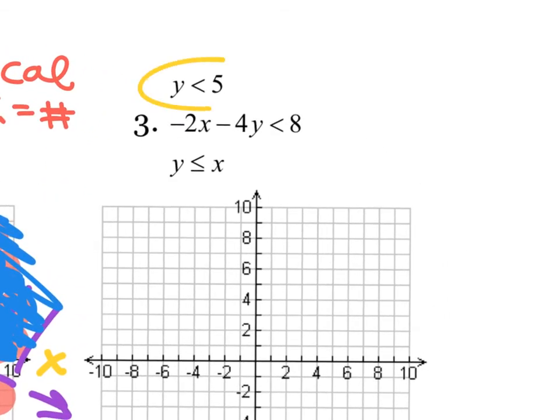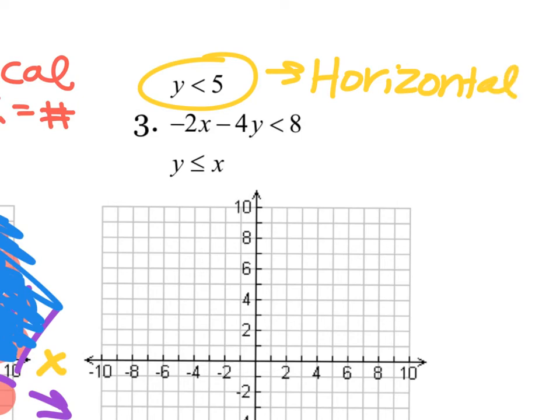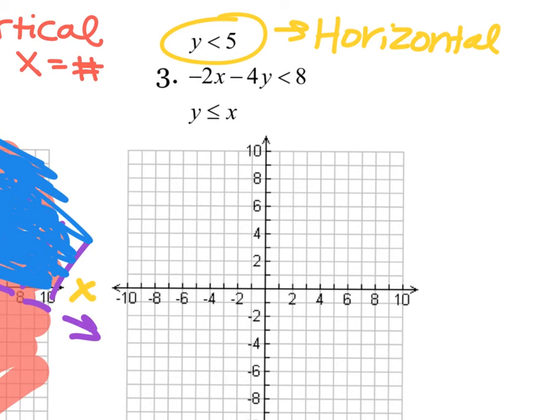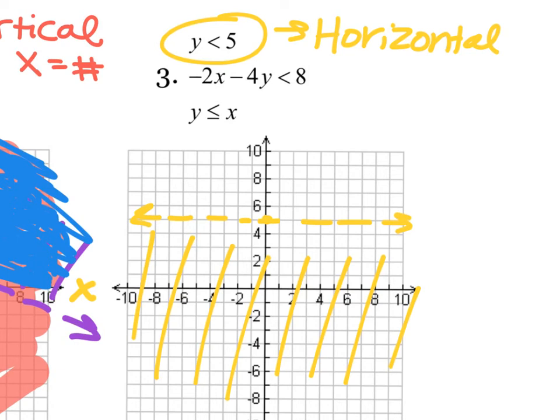All right, so for this line, this is a horizontal line. And so we go to our y-axis, we put a dot on 5, draw a dashed line right through that, and this shading is going to be below. I'm just going to do lines like that.